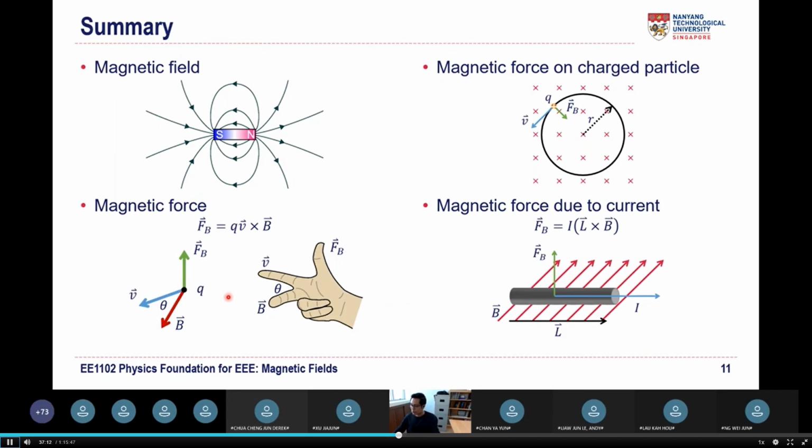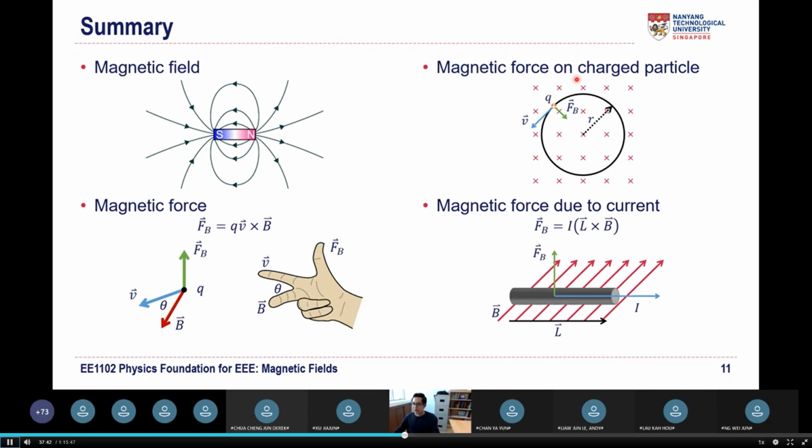When there is a moving charge inside a magnetic field, it will experience a force, and this is called magnetic force. You can calculate the magnetic force using this equation. To determine in which direction the magnetic force is acting, you need to use your right hand rule, so do remember how to use the right hand rule.